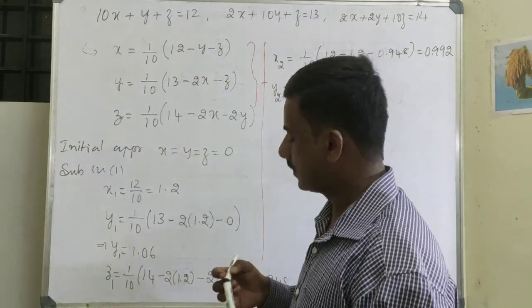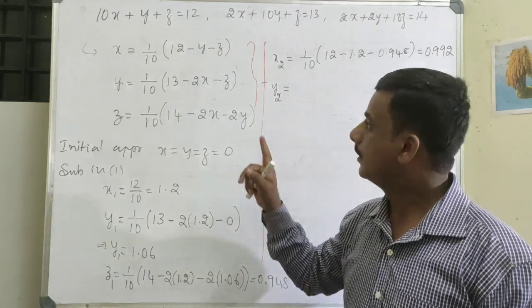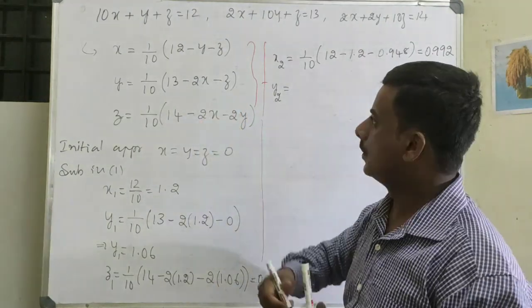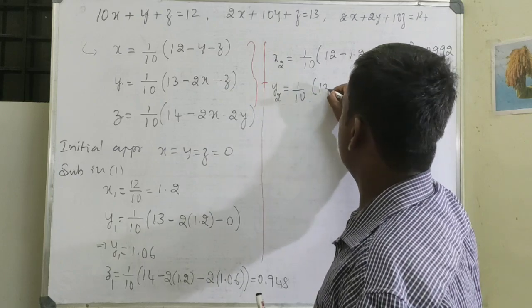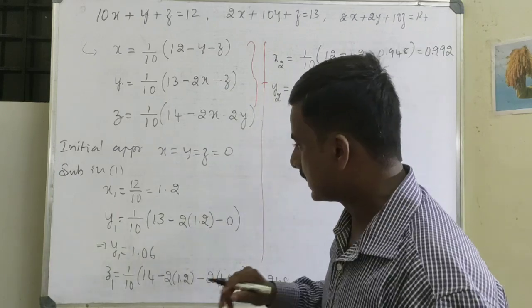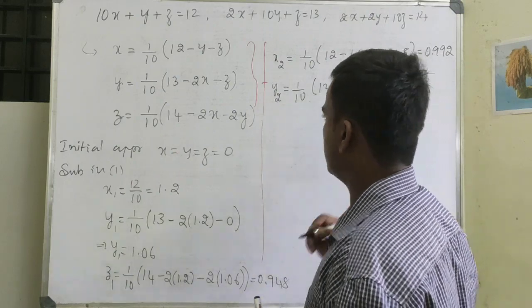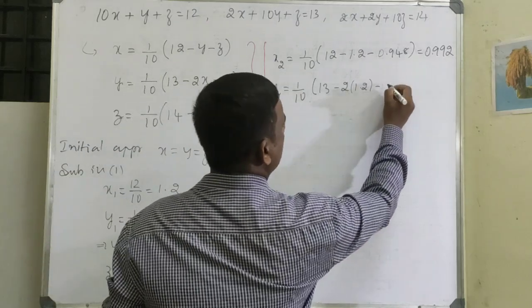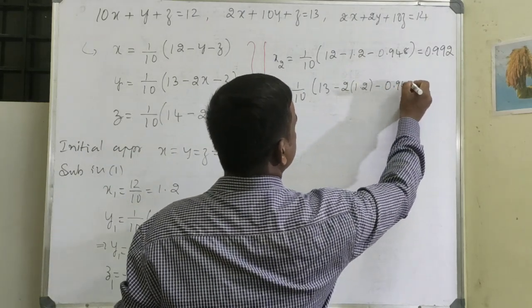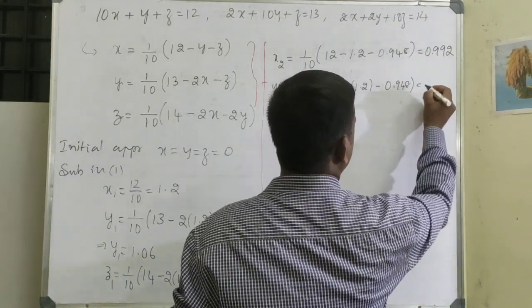Look into this equation: 1 by 10 into 13 minus 2x minus z. So 1 by 10 into 13 minus 2 into x, which is 1.2, minus z value, which is 0.948. If you simplify this, you get 1.005.